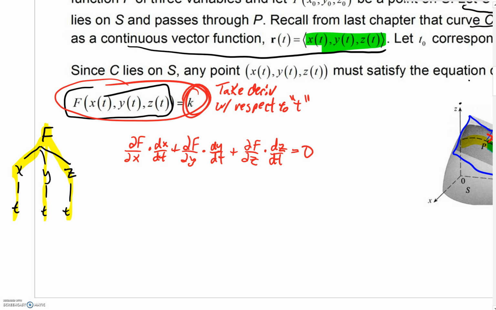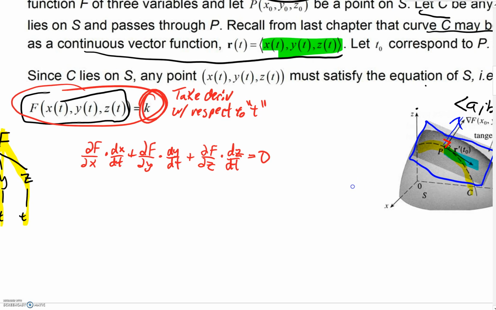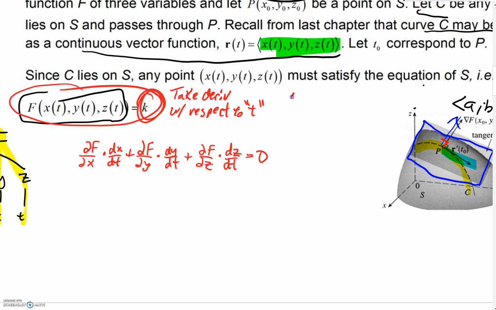As you're looking at this left-hand side, it very well could look familiar to you. I hope it does. Here's what I'm getting at. Let's recall a couple of things. I remember the gradient. The gradient is such an important idea in calc here. It's the partial derivative of f with respect to x, with respect to y, with respect to z. It's a vector, isn't it?